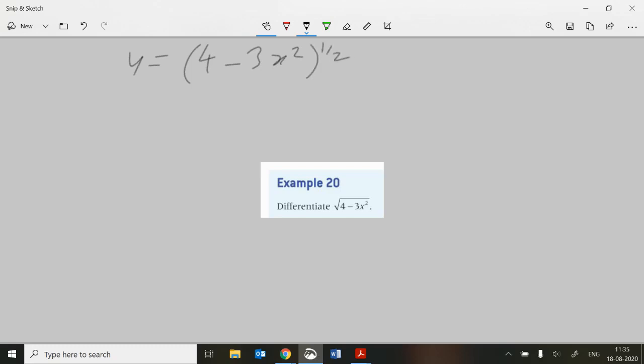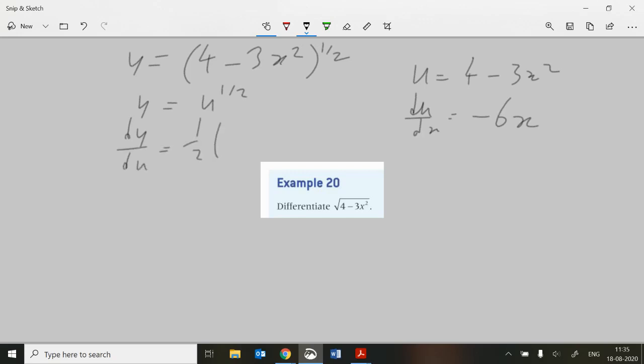So we've got this, and now we can say we've got y equals u to the power of a half. u is equal to 4 minus 3x squared. du/dx is equal to, there's no gradient from the 4, from the constant, so we're just getting the minus 6x there. And when we differentiate this one, we get dy/du is equal to times by a half and reduce our power by 1.